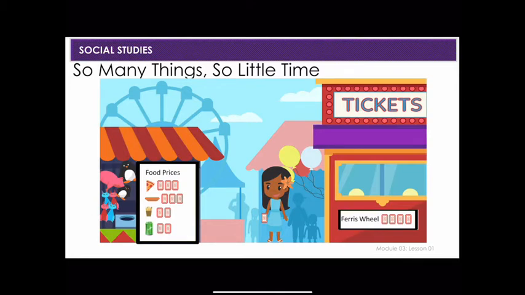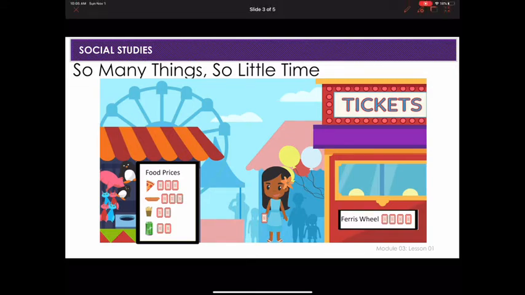So we're going to talk about making choices. Remember, I said that we make choices every day, oftentimes without even realizing it. Okay. Lily, this is our friend Lily. She is going to the carnival, and her dad gave her money to buy tickets to use at the carnival.